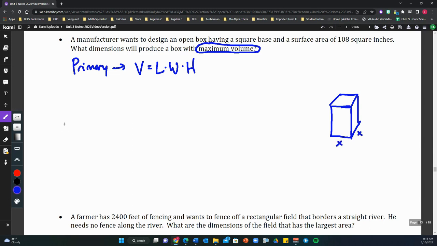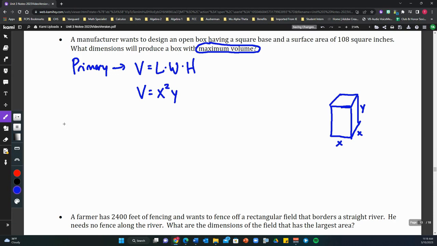I'm going to label those as x, and that's an arbitrary choice. You could label them as anything that you want to. But this third dimension is the thing that we're not sure how it relates to the others. Because it could have a different value, we're going to label it with a different variable. Knowing all of that, now we can write another form of this same primary equation, x times x times y, or x squared y.